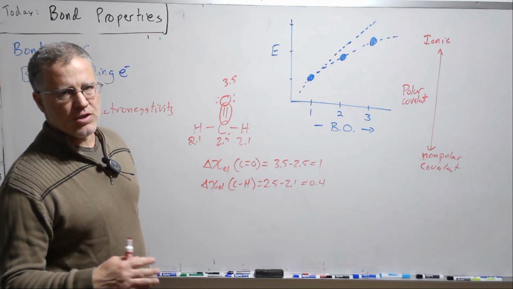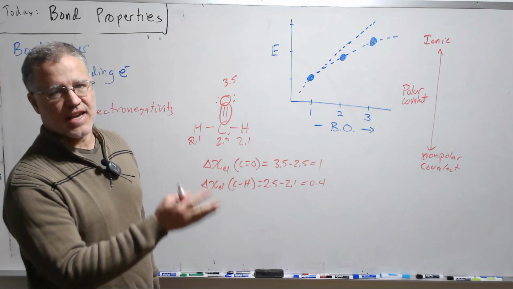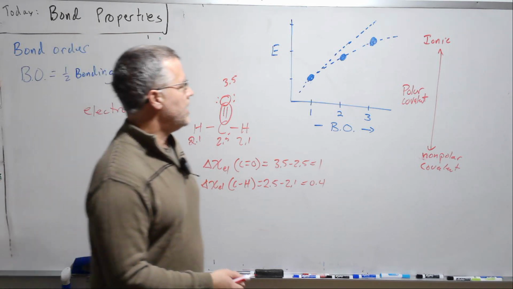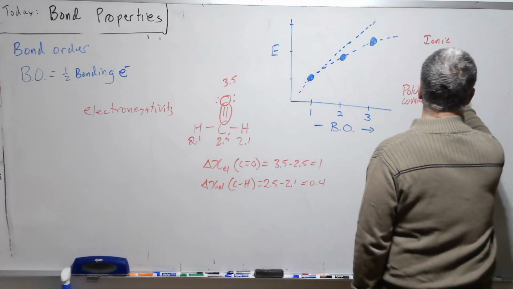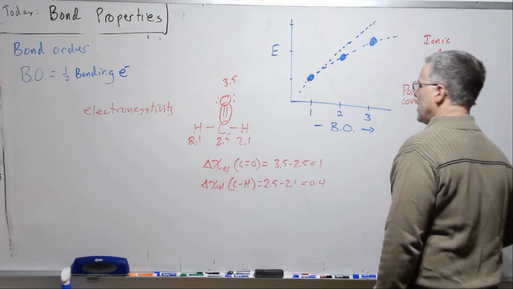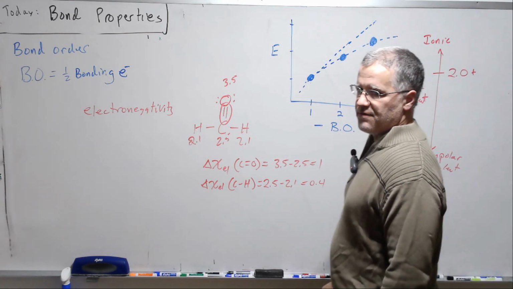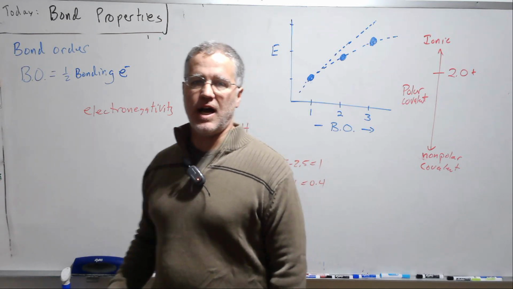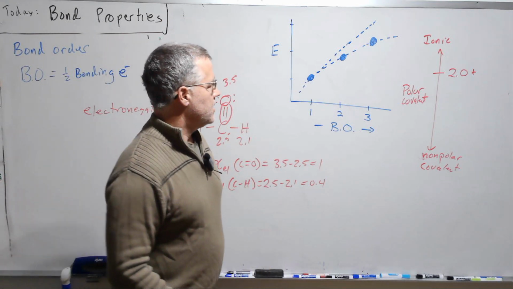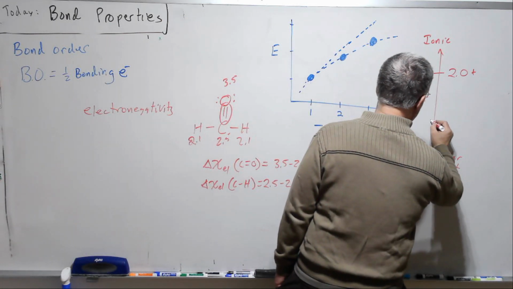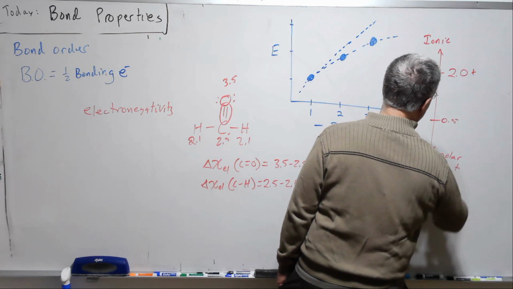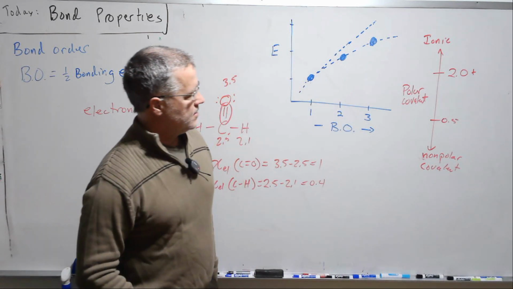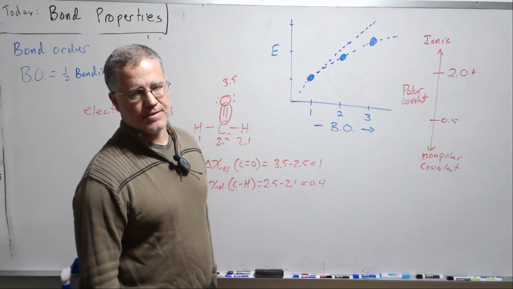Now, how do we get that from the electronegativity? Well, there's a general rule of thumb, and remember, this is a sliding scale, a continuum, but what we typically say is that a difference of 2 or higher will be an ionic bond, and below 0.5 will be a nonpolar bond.